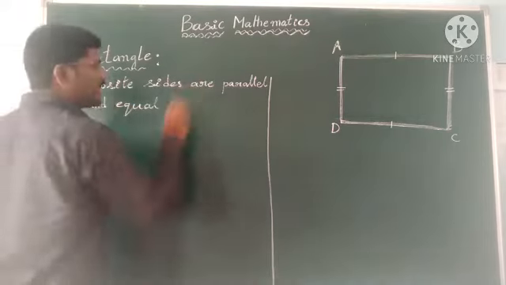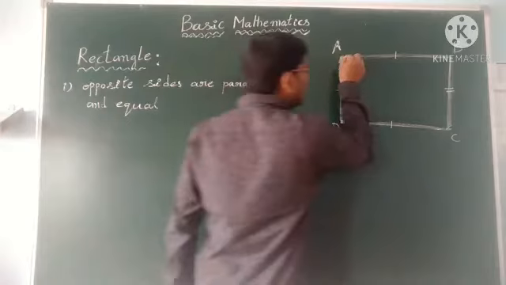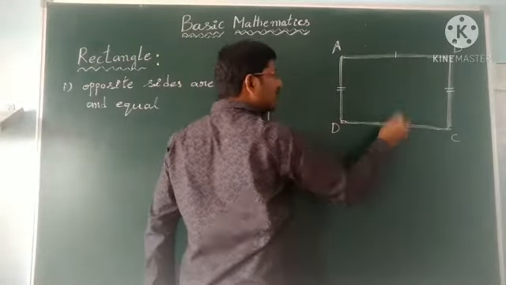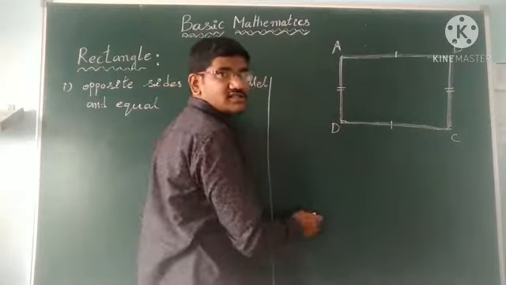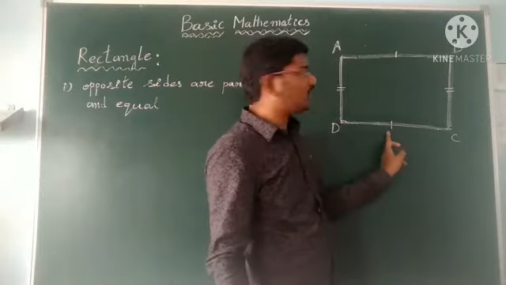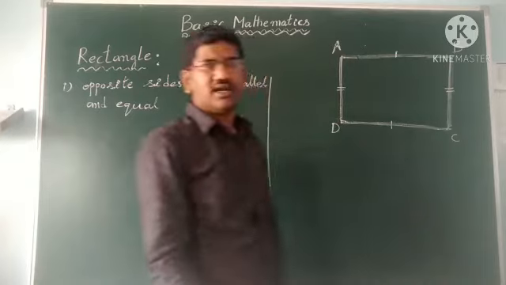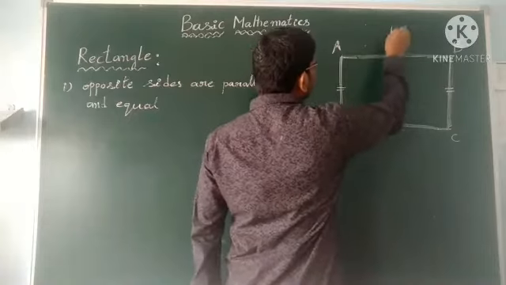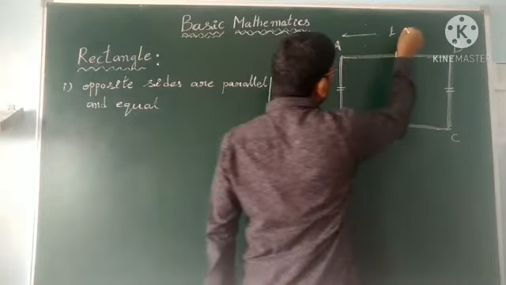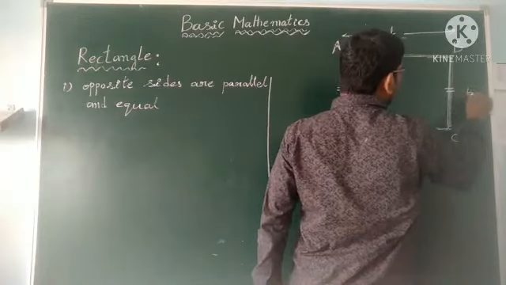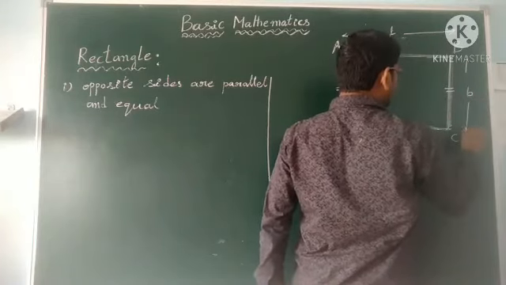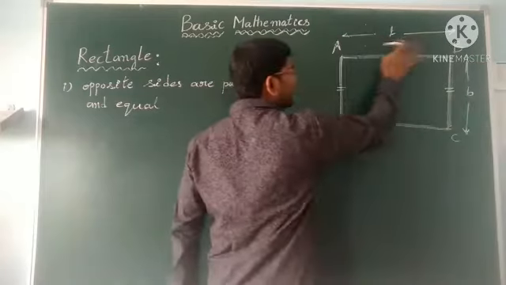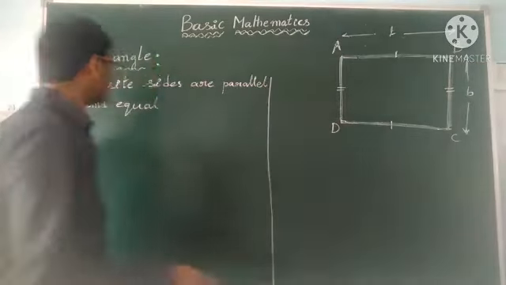Opposite sides are parallel and equal. So it means AB length is equal to CD length. That's why one small line on here and one small line on this line segment. Means these two are equal in length and these two are equal in length. If you take this AB length as L, and if you take this side length as B, okay students, its length is L and its length is B.